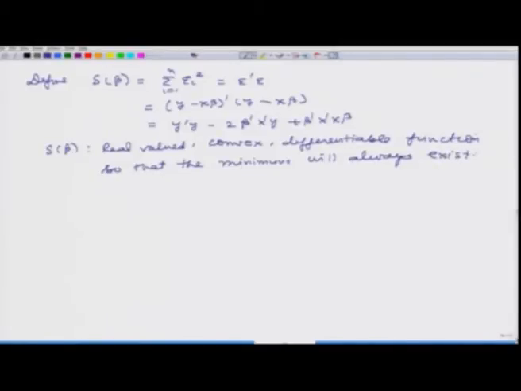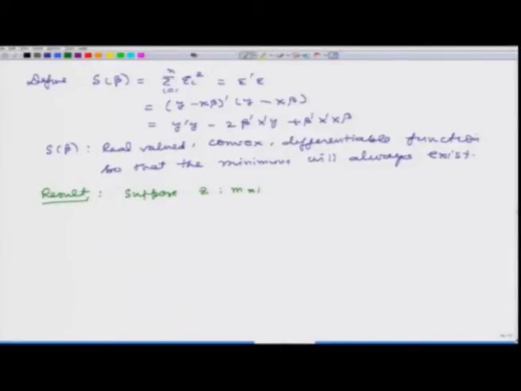Okay. In order to find the minima, we are going to use a simple result. So, before doing anything, let me state this result. Suppose z is a random variable of order m cross 1, so this is an m cross 1 vector.